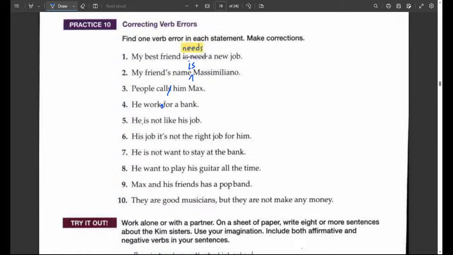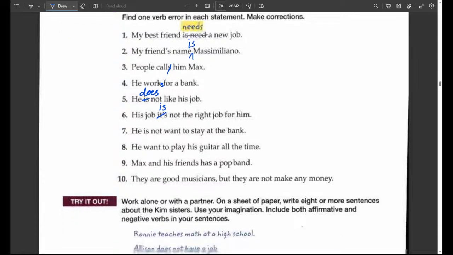For a bank. He is not like his job. Okay, so here it's wrong. He does not like his job. His job is not the right job for him.